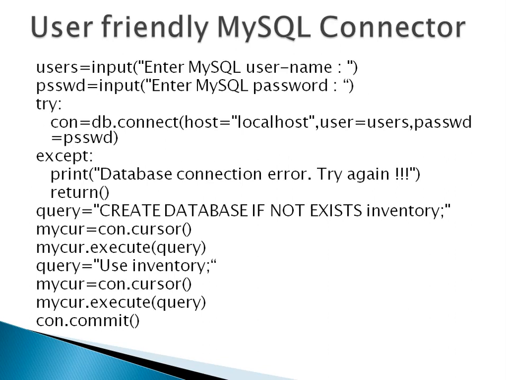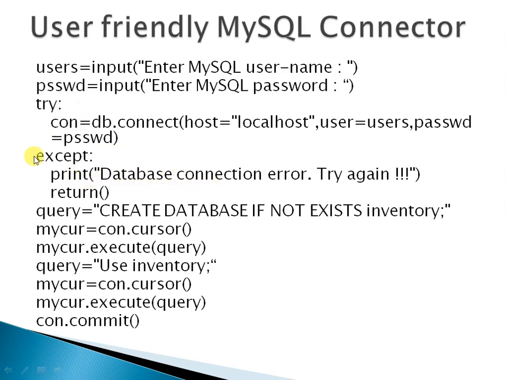Okay, what is the main thing here? We have asked the user to input the username of MySQL and the password, and then I have given that username and password as the parameters in the connect command. Okay, then if the connection is established, it will go forward, otherwise it will give a database connection error.